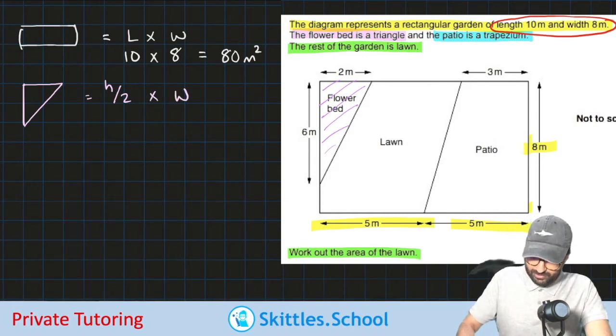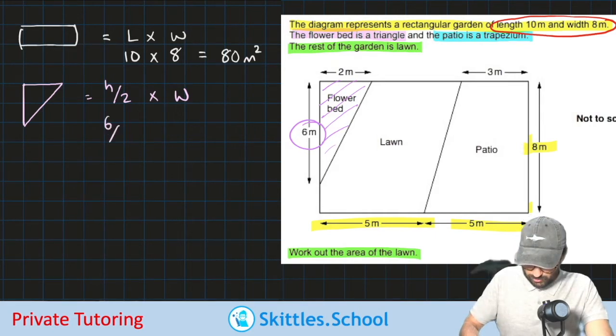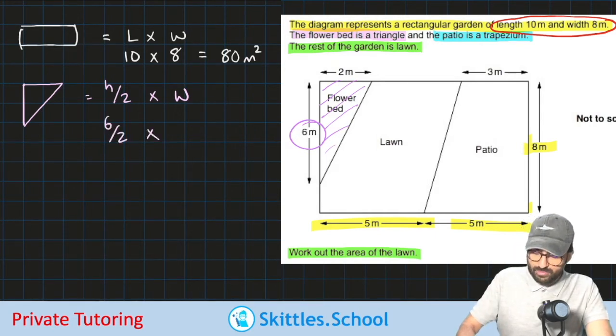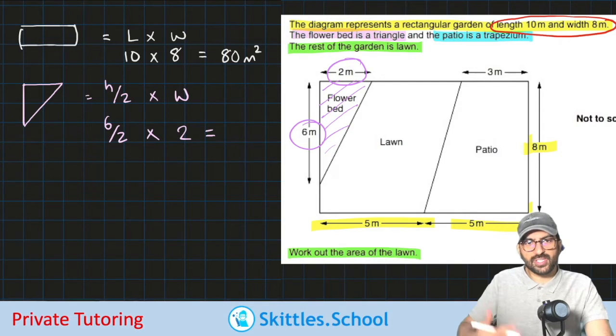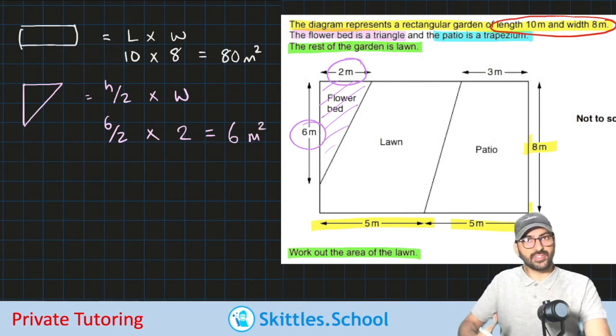So the height is 6, so that's 6 over 2 multiplied by the width, which is 2. And working that out, 6 divided by 2 is 3, multiplied by 2 is 6 meters squared. And that's the area of the flower bed.